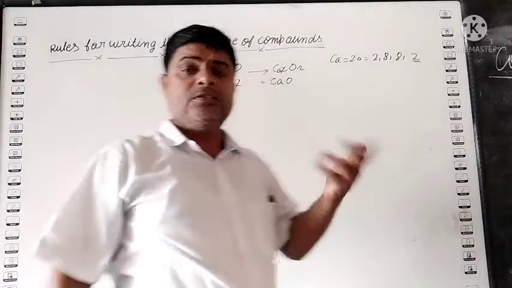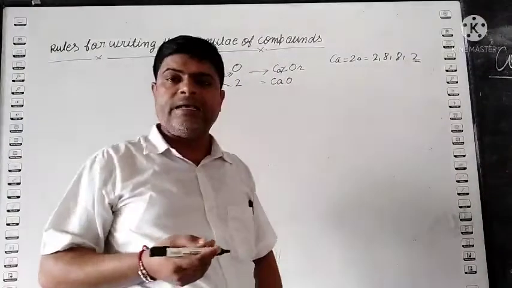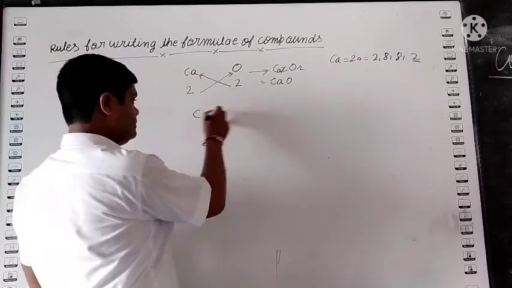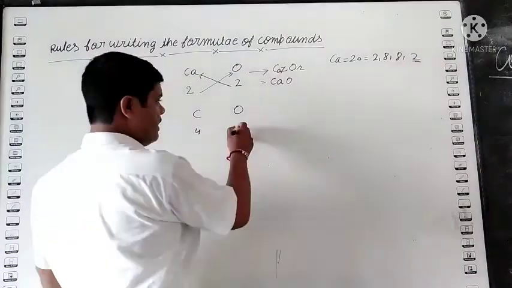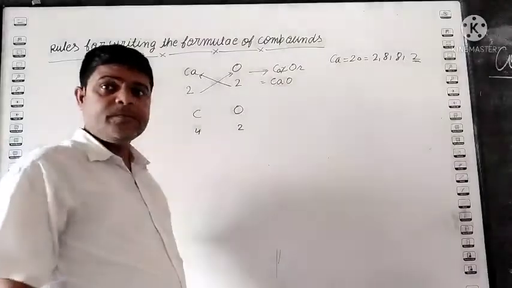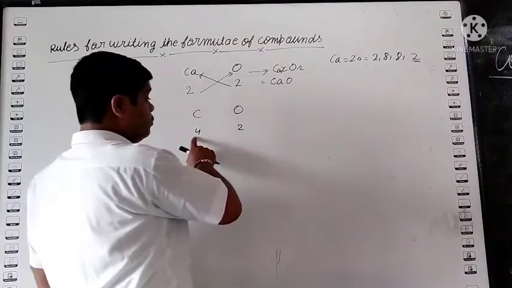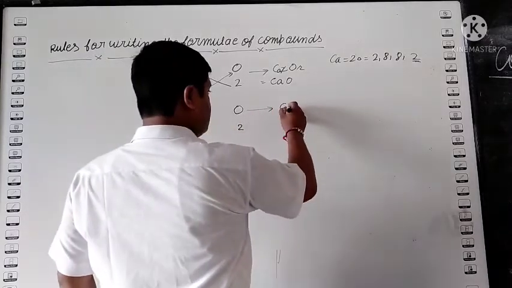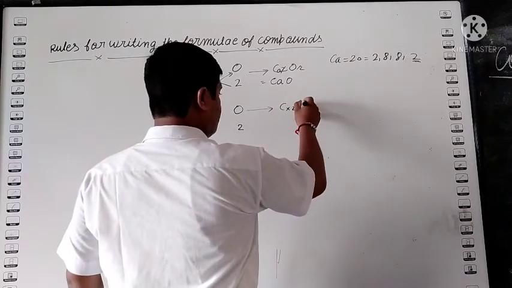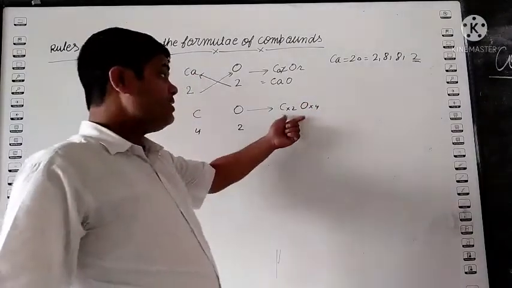See, students, like carbon dioxide, carbon and oxygen. Carbon has plus 4 charge, meaning 4, and oxygen 2. So if you write it, C multiplied by 2 and O multiplied by 4. How is it divisible?